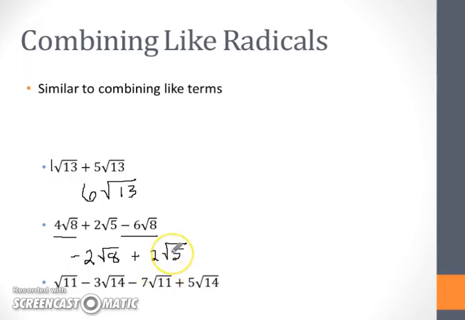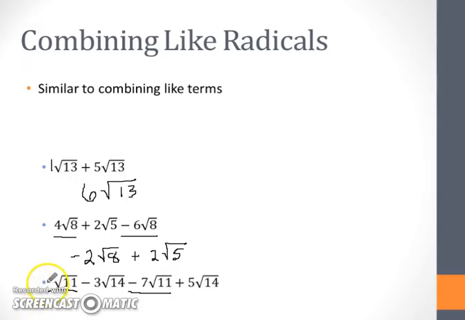In our last example, square root of 11 minus 3 square root 14 minus 7 square root 11 plus 5 square root 14. We want to combine those that are the same. So we have a square root of 11 and a minus 7 square root of 11.